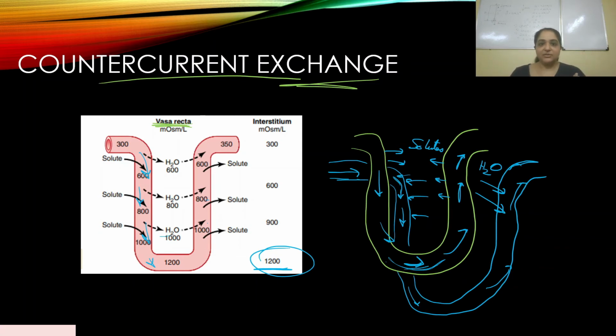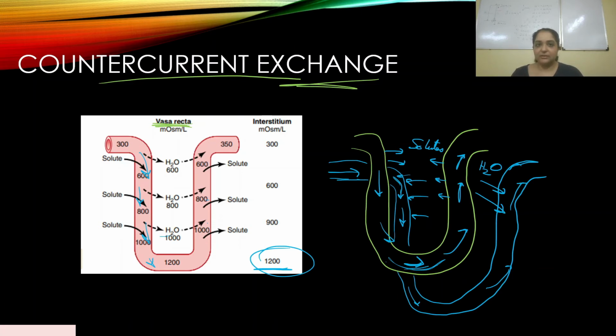Everything is balanced out. The vasa recta is also balanced out. This is the same osmolarity. As it's moving down, solutes are moving in, and the water is also moving out. The water doesn't stay here for long, water is then getting pulled in over here, right, and the solutes are getting pulled out over here. So this maintains a hyperosmolarity region. That is all the job of the vasa recta.